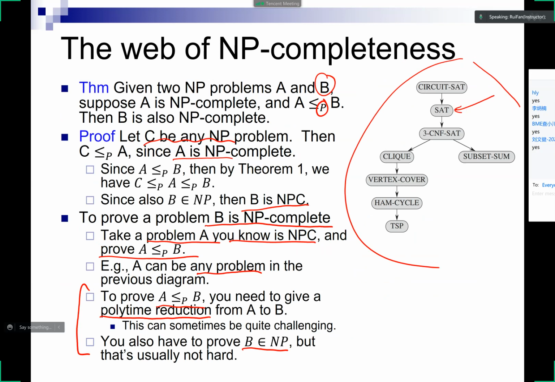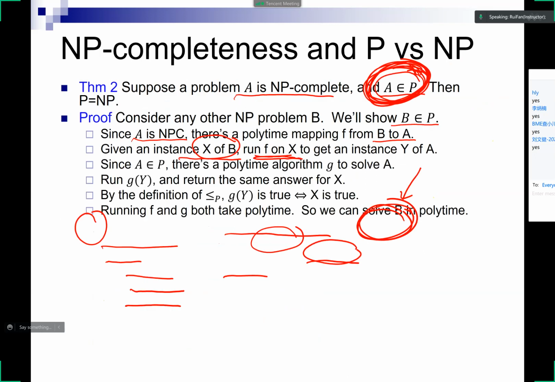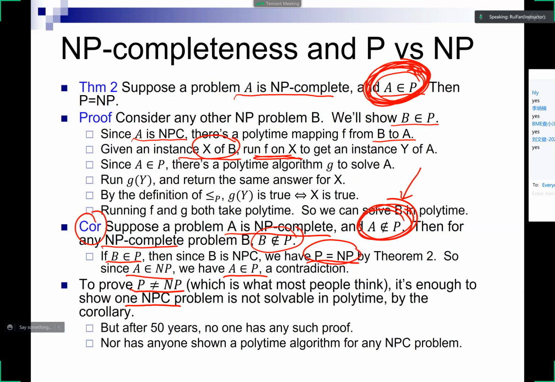Or maybe you're good at combinatorics, so you pick subset sum. Or maybe you're good at graph algorithms, so you pick TSP, traveling salesman. You can pick any NP complete problem to start with, and if you can show that your problem is not in P, then that would show that all NP complete problems are not in P. So you have lots of flexibility.